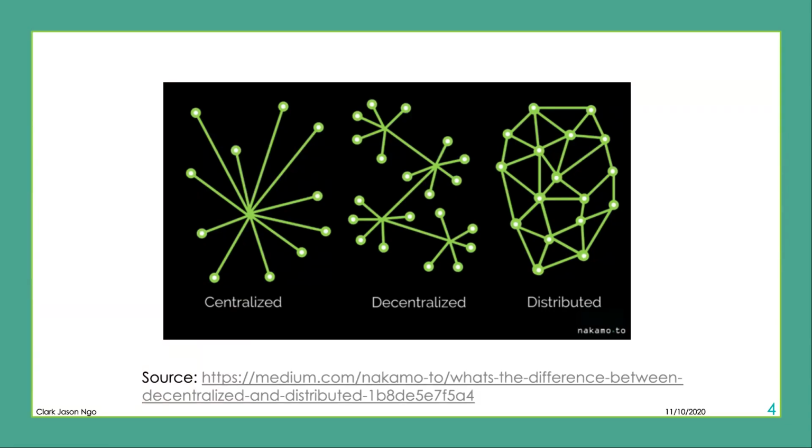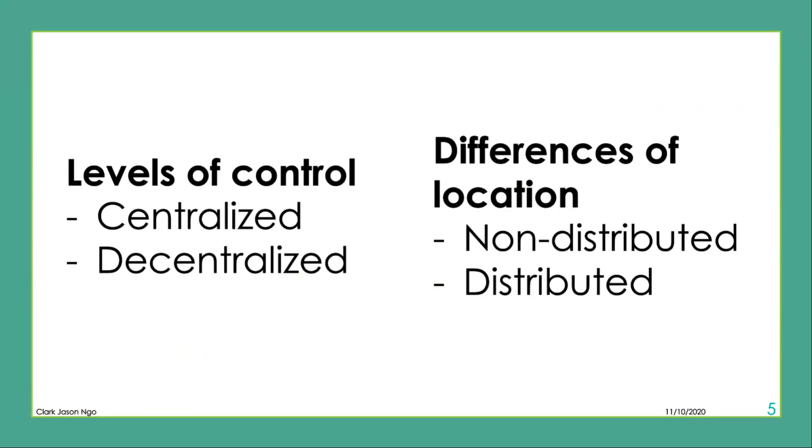For distributed, they are basically all connected to one another, like peer to peer. So, levels of control, we do have centralized and decentralized, which I showed you in the graph. And differences in terms of location, there is non-distributed and distributed. We'll give more examples.